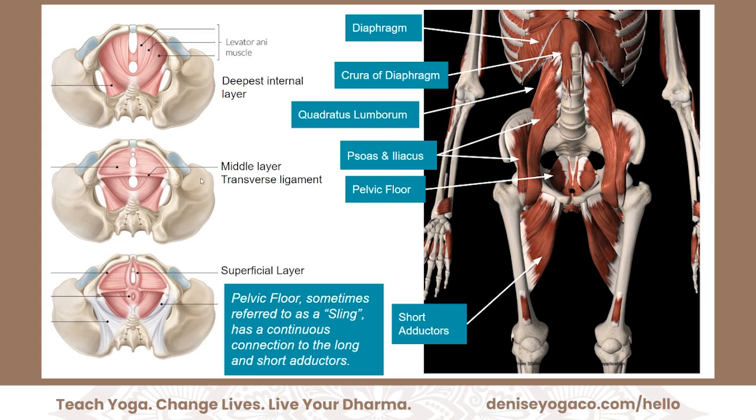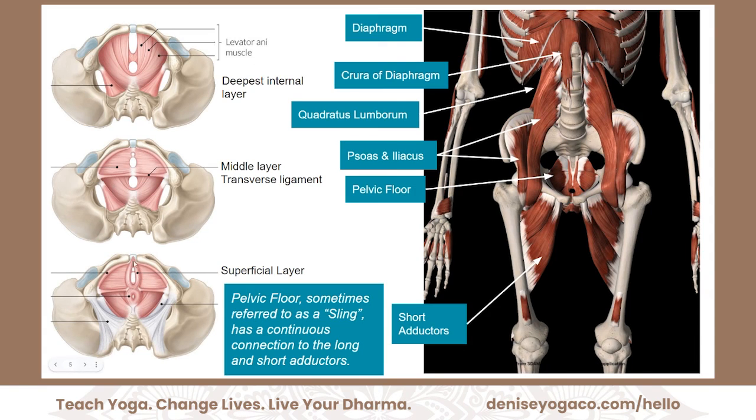Then you have a middle layer, and in this middle layer, there's this very strong transverse ligament. So if you ever go into the myofascial rolling videos that are on the website, when we're working on the pelvic floor with the ball, we're sitting on these ligaments. Or I shouldn't say these ligaments, this very strong transverse ligament. And that's going to help with the pliability and the fluid movement of the pelvic floor.